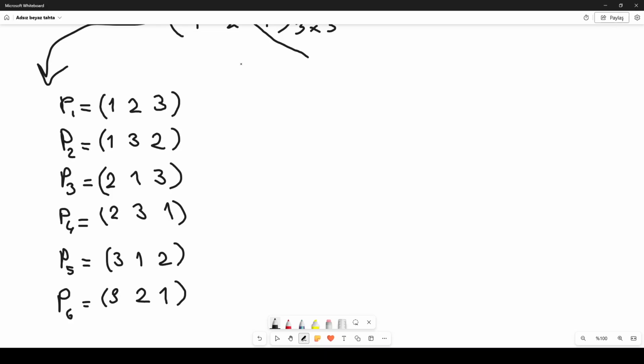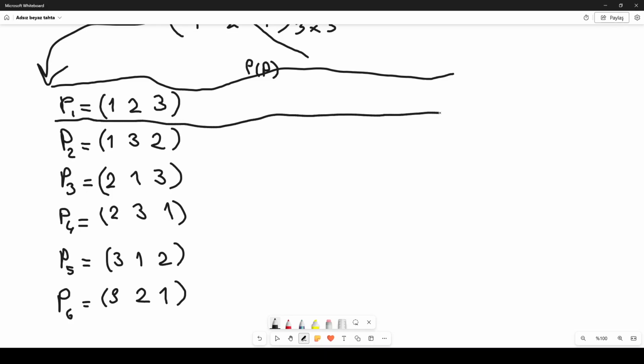Now the second thing is we find their signs. We find the sign values of each permutation. So let's find their signs.